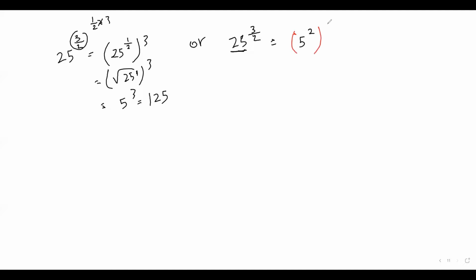Then you put this 3 over 2 outside, and I think the rest is very clear. 2 times 3 over 2, so the 2 cancels, you're left with 5 to the power of 3, which is again 125.